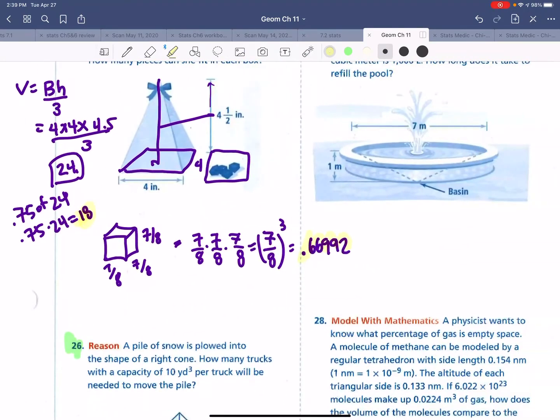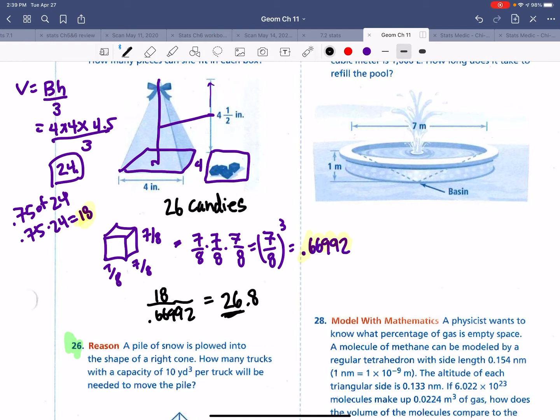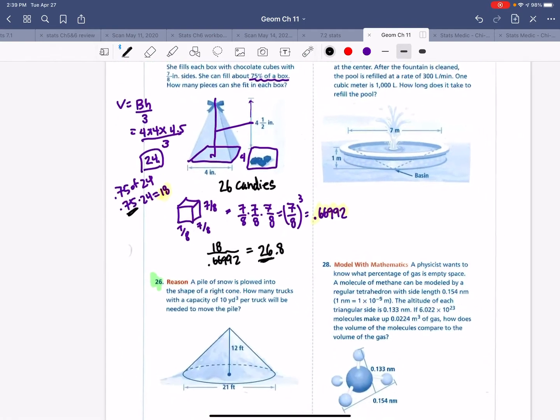So we can divide the two. We can take 18 and divide by the 0.66992 and see how many we get. 26.8. So not quite. So it looks like 26 candies will fit in the box and fill it just a little less than 75% of the way there.